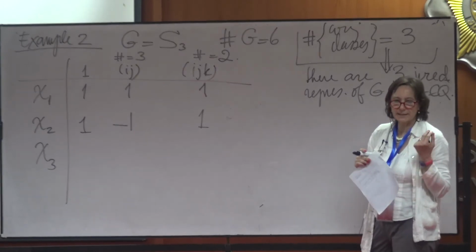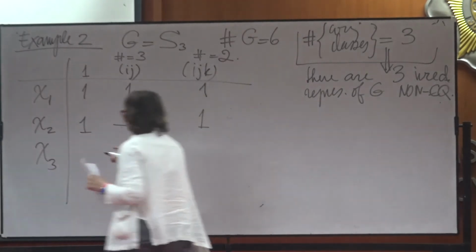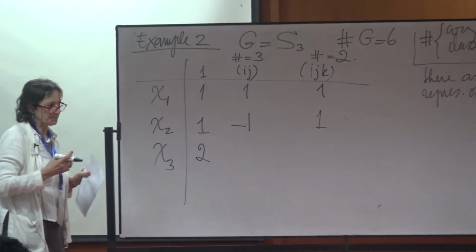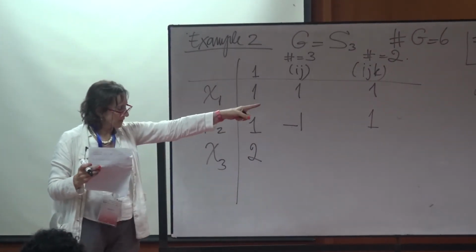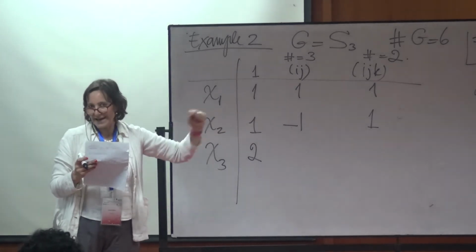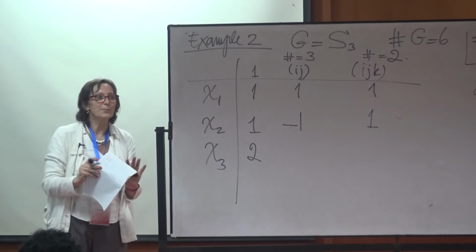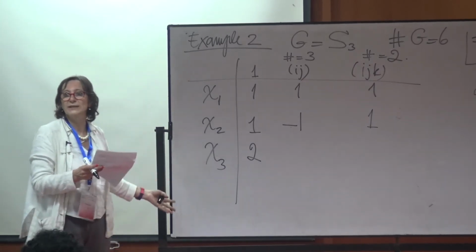And now what do we know about chi 3? We know that this representation is 2-dimensional. Now we go a little bit backwards. We write the character of the representation rho 3, and then we check that it has norm 1. This already implies that the representation is irreducible, and then we compare it with the other ones.